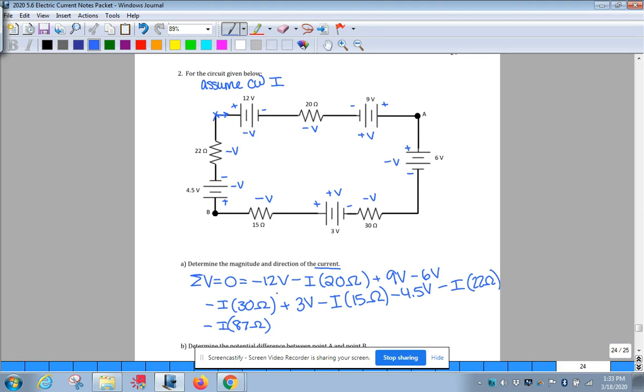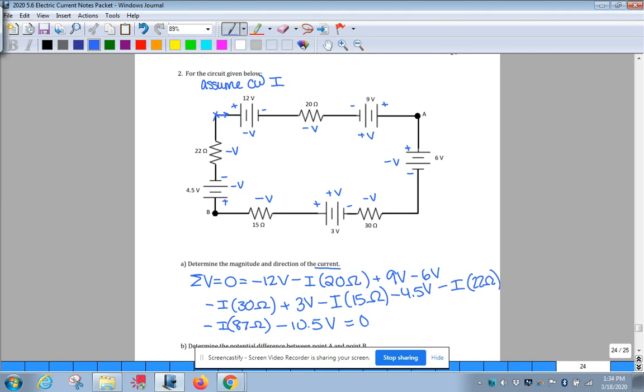Okay, and then we're going to have negative 12 plus positive 9 minus 6 plus 3 minus 4.5. So we get negative 10.5 volts equals 0. So you notice both of these are negative right now.